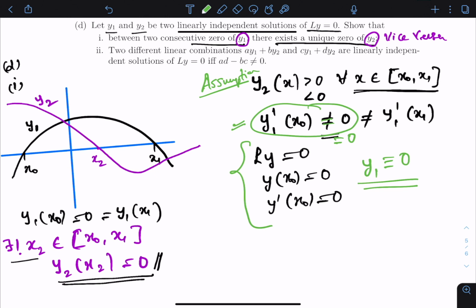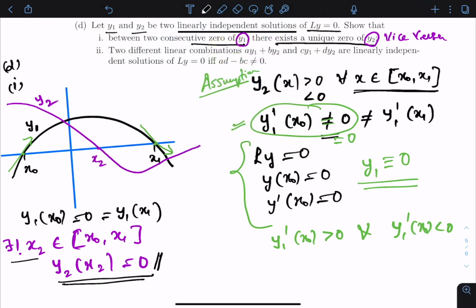So now what happens? If y1 prime of x0 is non-zero, that is, at this point and this point the slope is non-zero, that means the slope is either positive or negative, because there are only two possible situations. The tangent is positive and negative, or the opposite sign. So in the picture shown here, y1 prime of x0 is positive and y1 prime of x1 is negative.